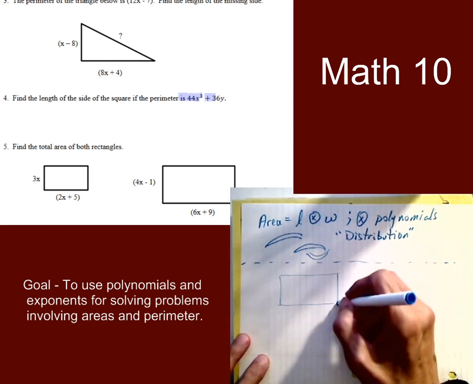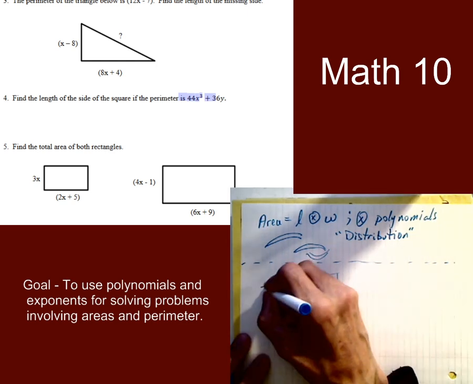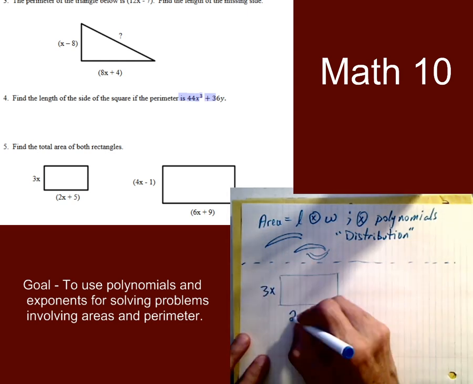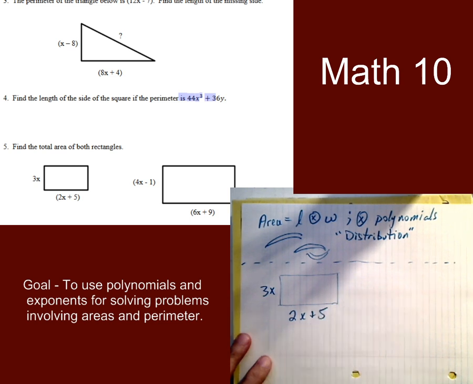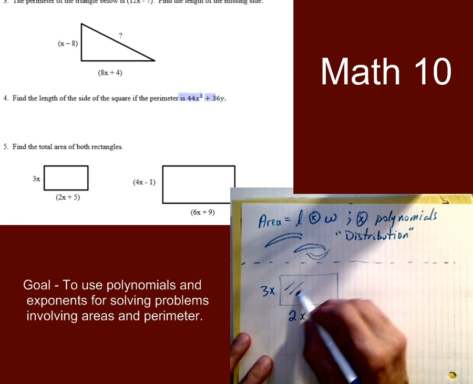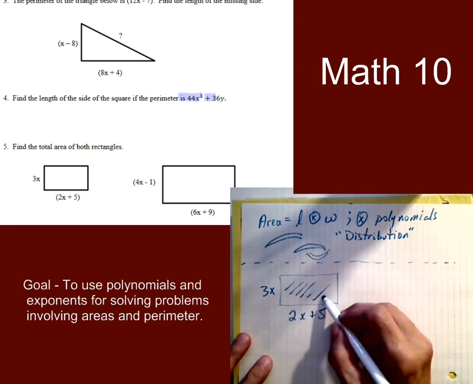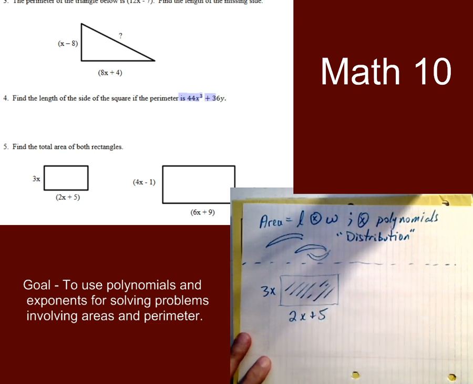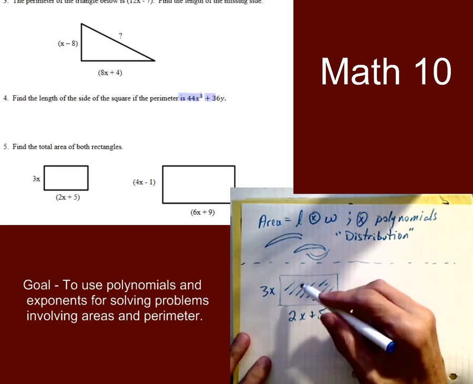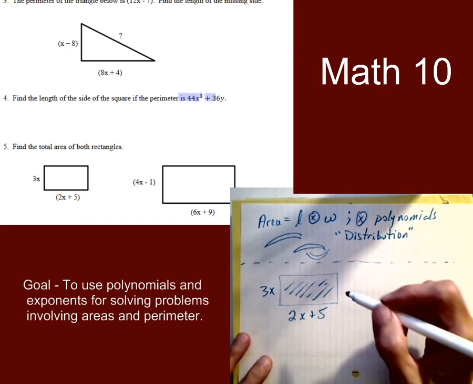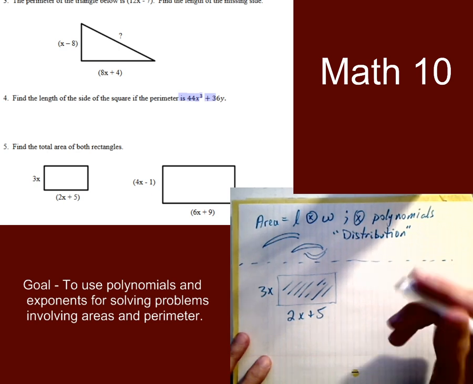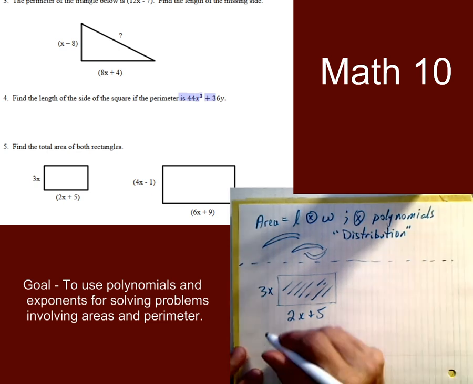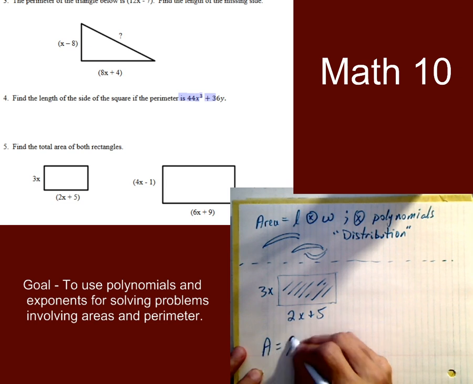We got 3x along this side, and then 2x plus 5 on that side like that. And the goal is to figure out how much space is contained, or how much content is inside. So, for a rectangle, it's length times the width.